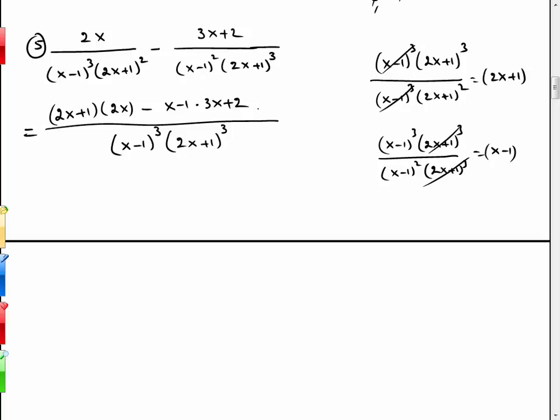So we have to be extremely careful to put these in parentheses so that there is absolutely no confusion. We are multiplying the quantity (x minus 1) with the quantity (3x plus 2). So use parentheses and square brackets and those kinds of things generously to avoid any confusion for yourself.